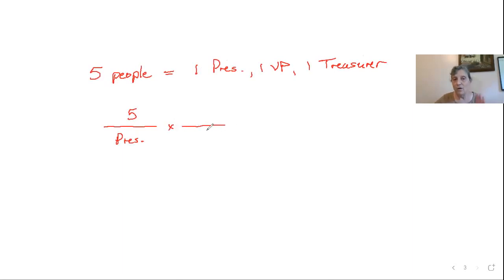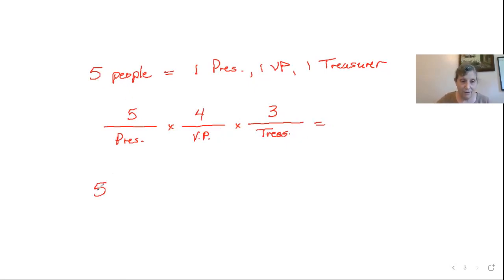Having chosen one of these 5 to be the president, how many choices do we have for vice president? Now we're down to 4. How many choices do we have left as treasurer? We only have 3. What about the other 2? Well, they get to sit back in the audience. They don't have anything to do with this.